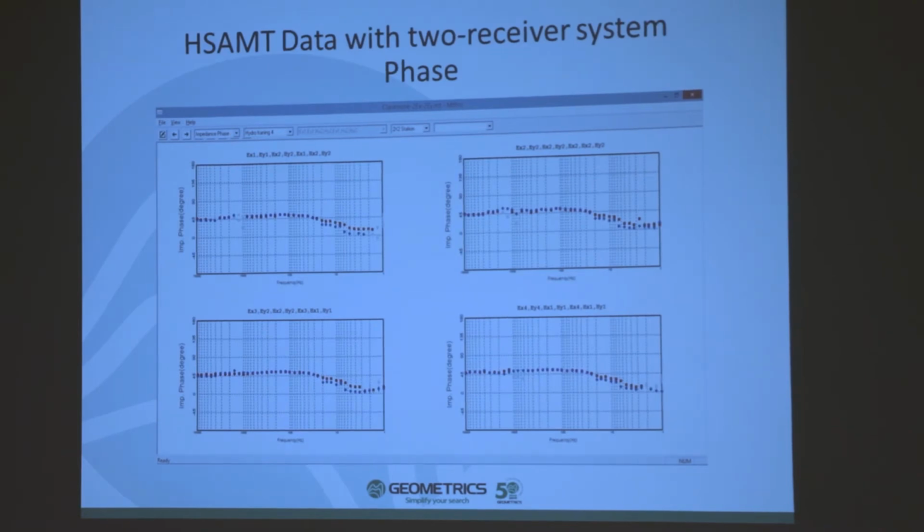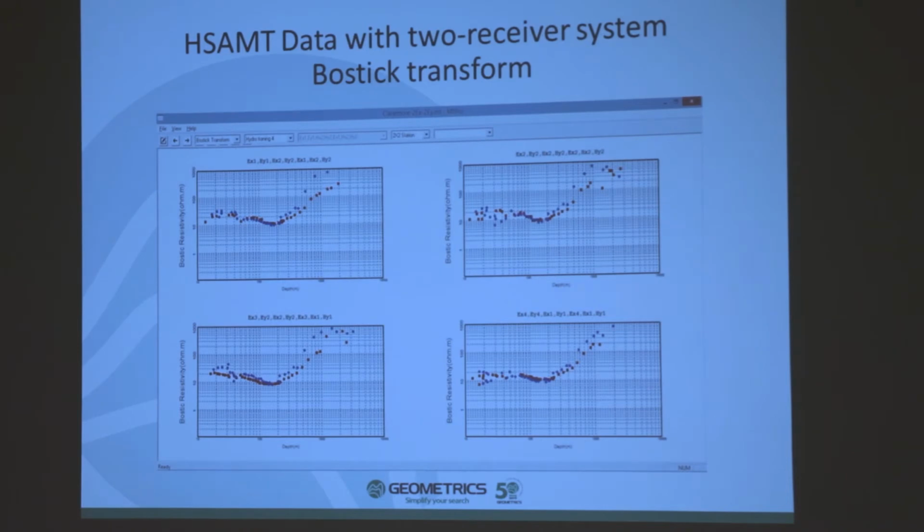In the magnetotelluric technique, the phase of these signals are also very important. So we do display the phases again in the X and Y direction. And we also display a resistivity and depth curve.